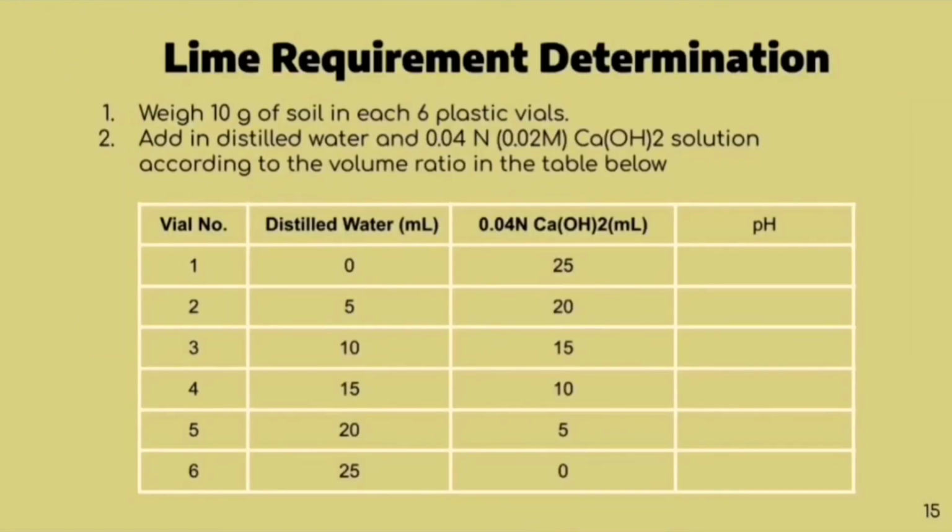This procedure is to determine lime requirement. First, you need to weigh 10 grams of soil in each of 6 plastic vials and add distilled water and 0.04 and 0.02 M calcium hydroxide solution according to the volume ratio in the table below.